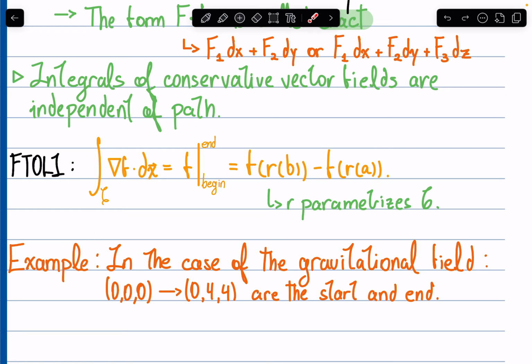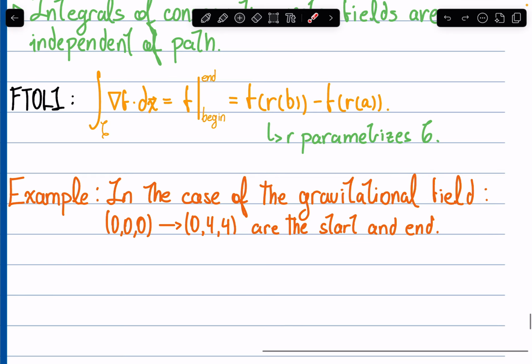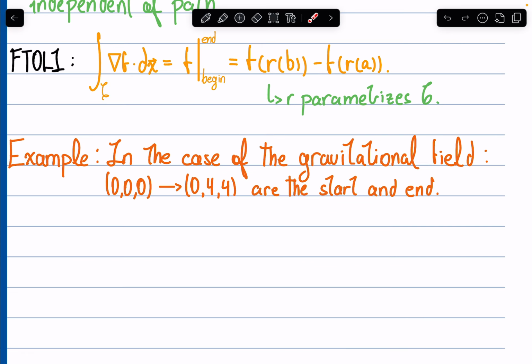This should throw you back to the fundamental theorem of calculus, in the sense that when you integrate the derivative of a function through the interval a b, you will recover the original function evaluated at b minus the original function evaluated at a.